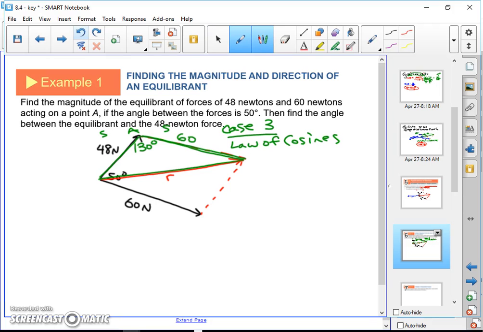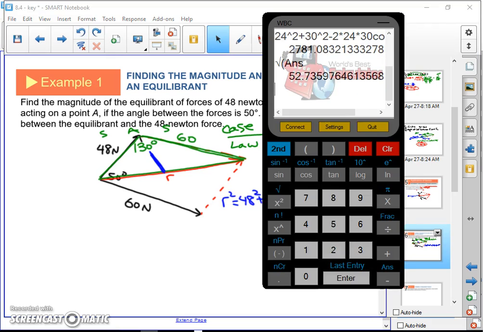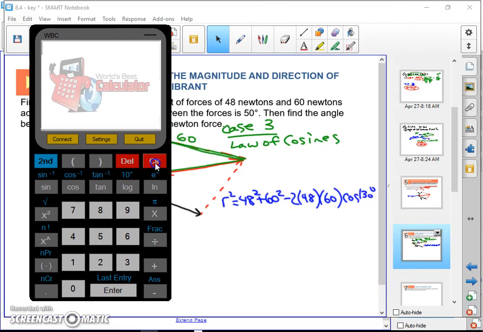So we can do law of cosines to find that side r by finding this partnership between side r and that angle 130. And let's set up our law of cosines. R squared equals 48 squared plus 60 squared minus 2 times 48 times 60 cosine 130 degrees. Mainly, it's a calculator exercise.